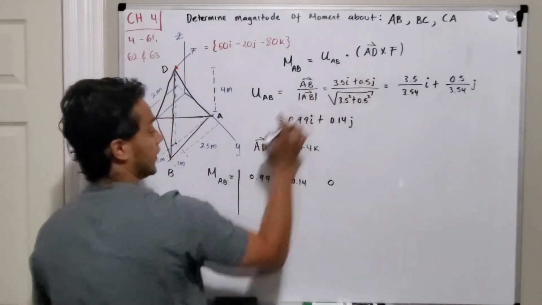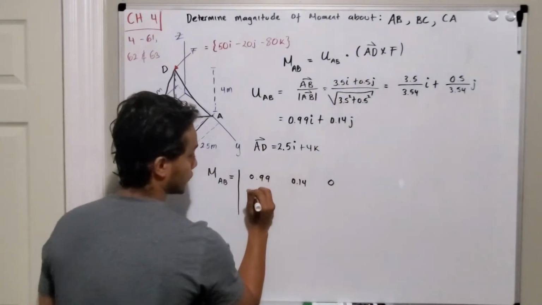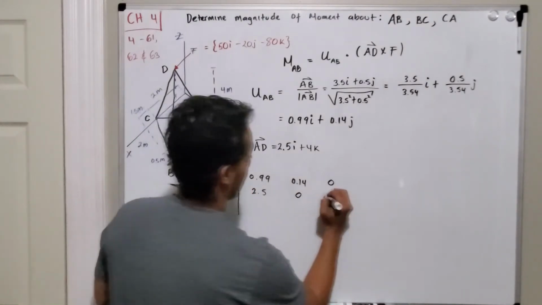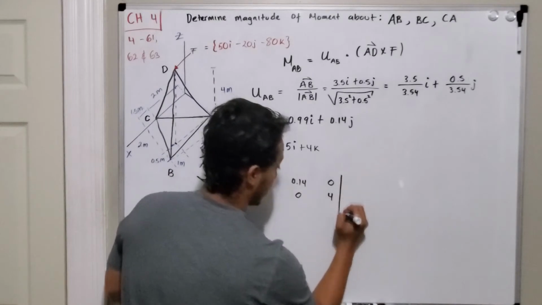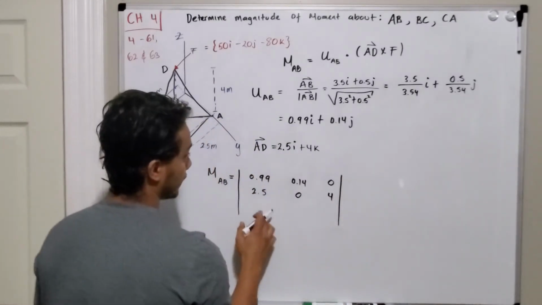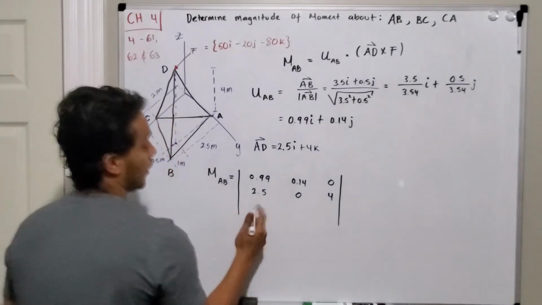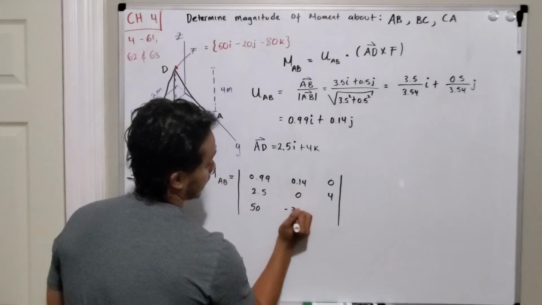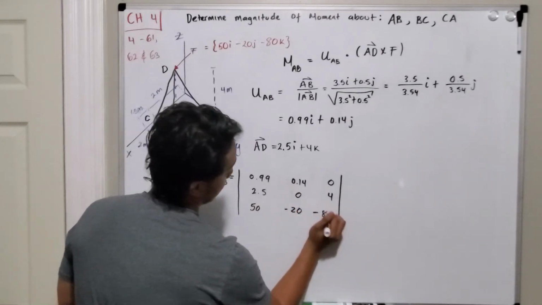Then we do our AD, which is 2.5 in the I direction, 0 in the J direction, and positive 4 in the Z direction, or the K direction. And last, we put our force, which is 50, negative 20, and negative 80.